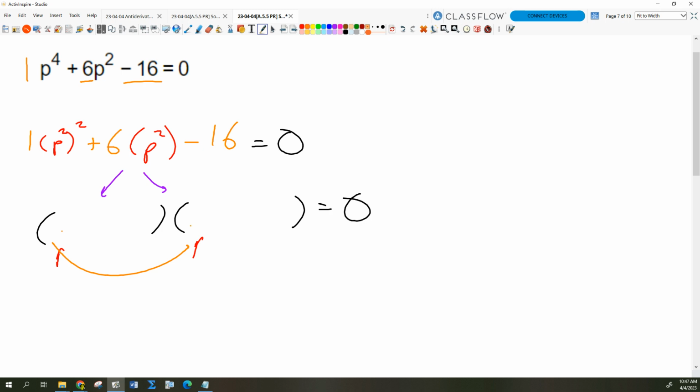In Unit 4, those just would have been x's. They wouldn't have been anything squared. So we get p squared there and there, and now we've got to find magic numbers. What do they have to multiply to? -16, and they have to add to 6. And those numbers are 8 and -2, aren't they? Right?